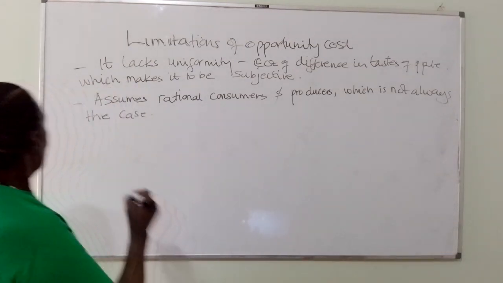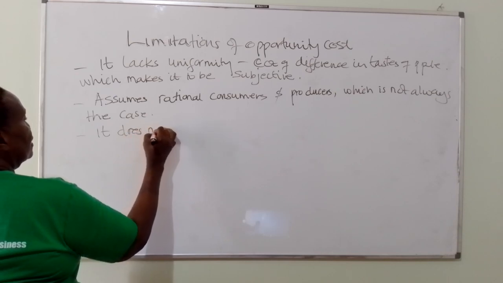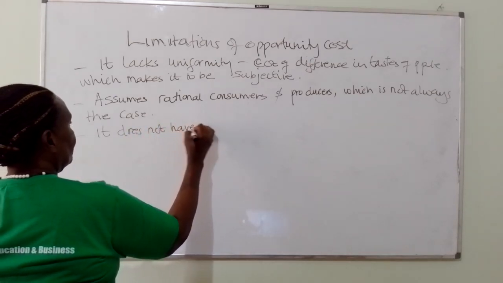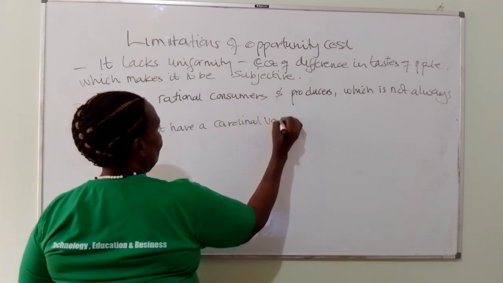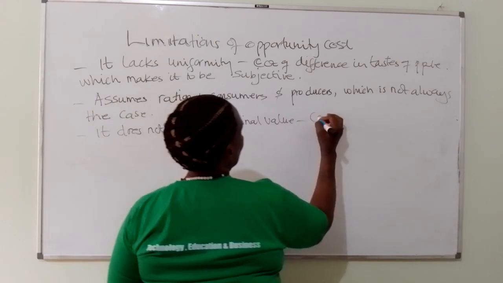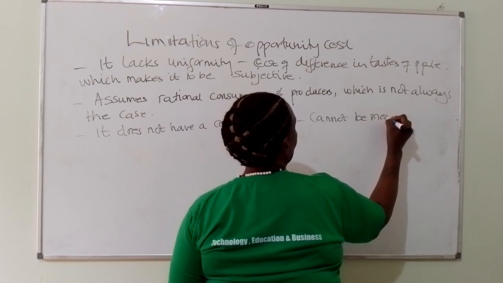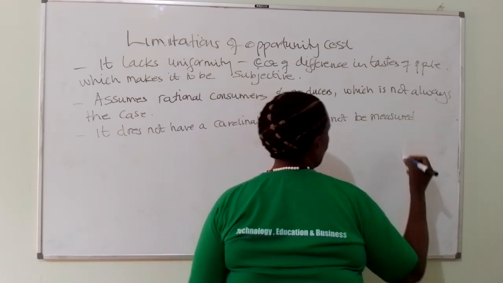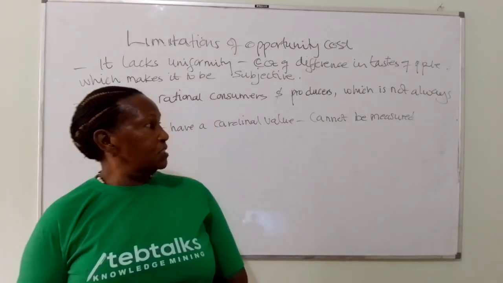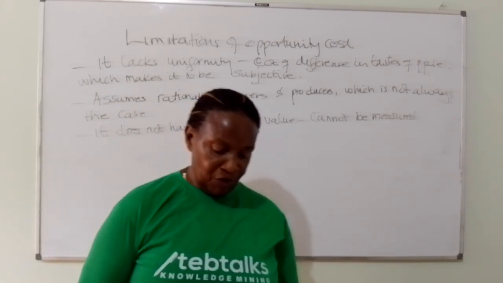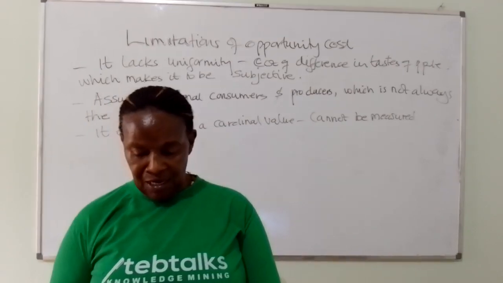Then another limitation is that opportunity cost does not have a cardinal value, hence it cannot be measured. So we simply say that somebody has foregone something and maybe he or she is missing it out in such and such a weight, but we can't actually know that it's so many kilograms, so many liters, so many kilometers.